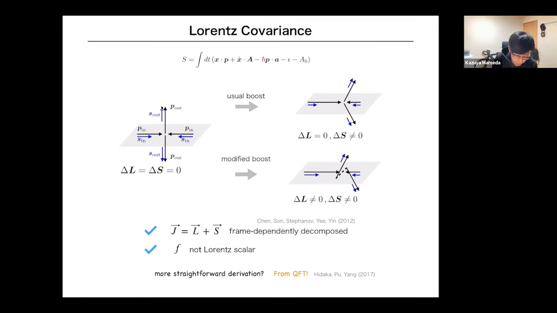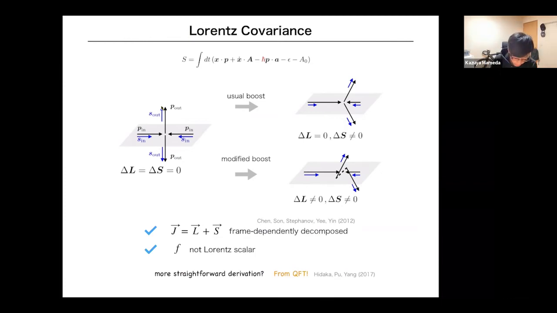For example, in the first frame, we have no net orbital angular momentum and no net spin angular momentum. But after the modified boost, we have finite quantities like this. So this means that the total angular momentum J is frame-dependently decomposed.